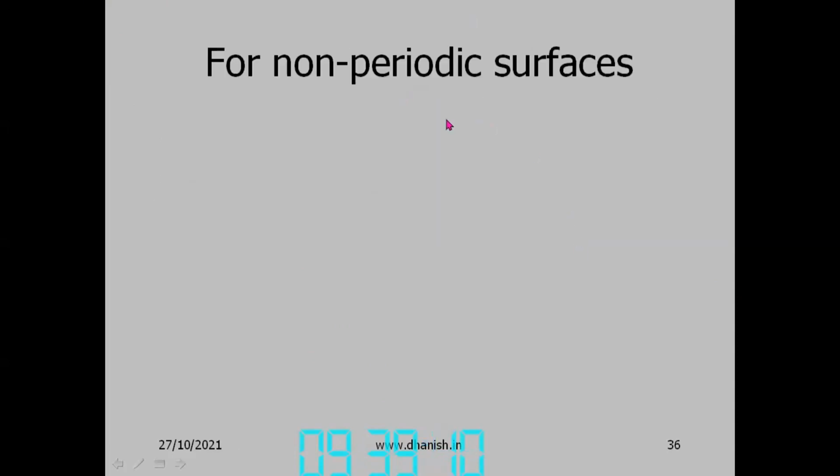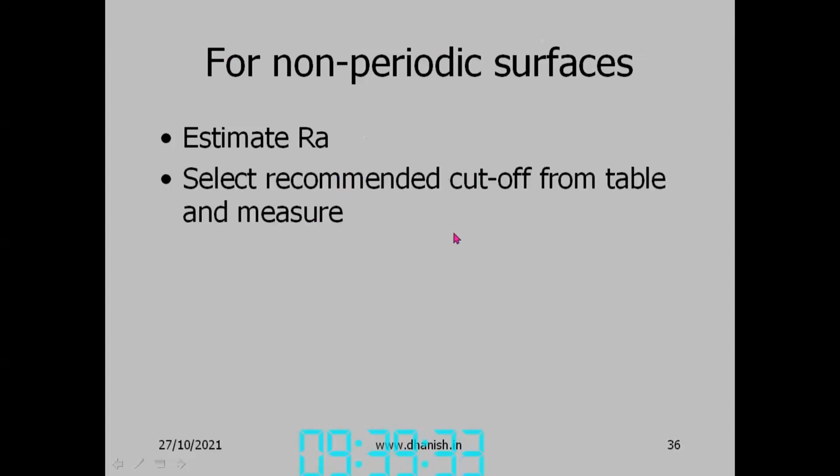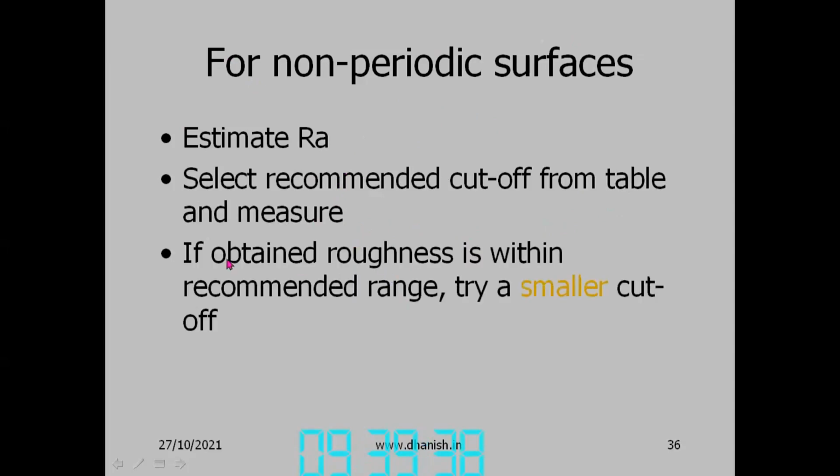For a non-periodic surface, the procedure is as follows. First estimate Ra. You think what will be the spacing, and we can use a comparison scale, etc., and decide what is the approximate Ra. Then for that Ra, there is a table in the next slide. These are recommended values of cutoff from the table. So select the recommended cutoff from the table and measure.